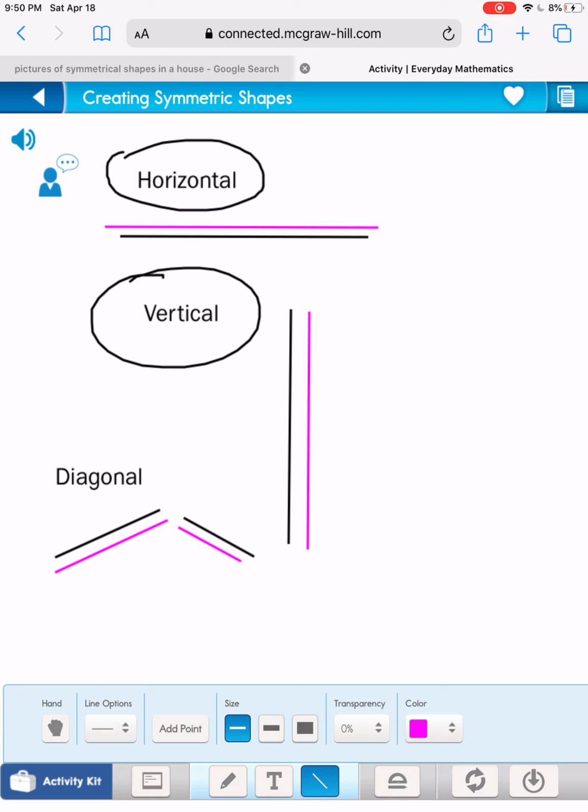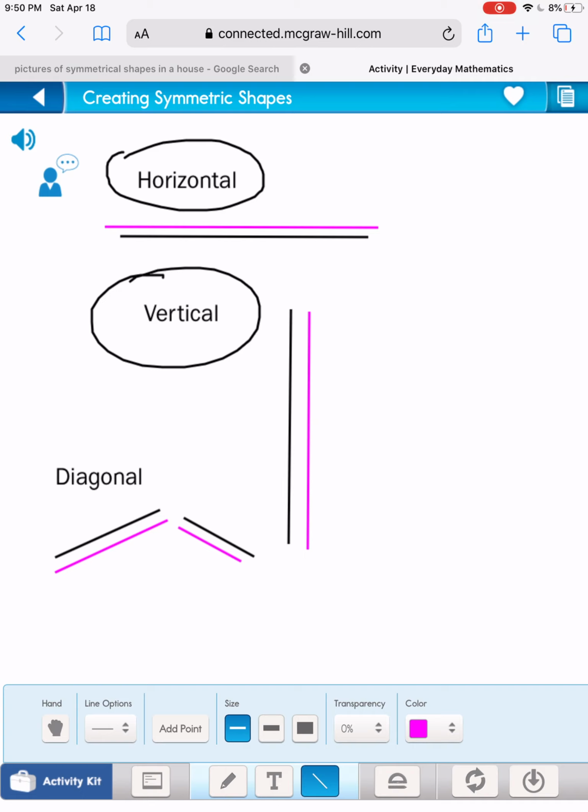Now, some of you may be thinking that my picture of my rectangle, my TV, did have diagonal line symmetry. But if you remember back to a previous lesson, in order for it to count as a line of symmetry, you would have to create a fold in that shape or in that image on the line of symmetry, and all of the sides would need to match up.